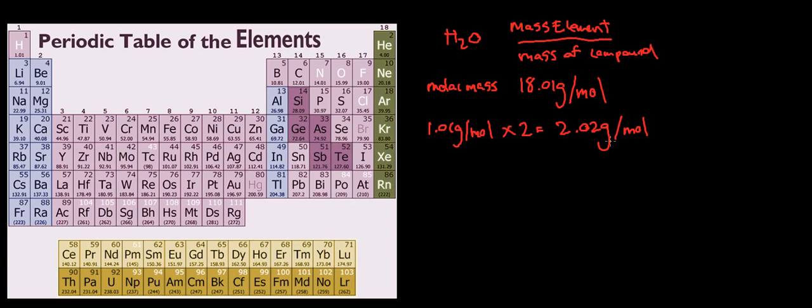Now to find the percent composition of hydrogen in this compound of water, I take the mass of the hydrogen and divide it by the mass of the total compound, 18.01 grams per mole. The units are going to cancel, and I get 11.22%.